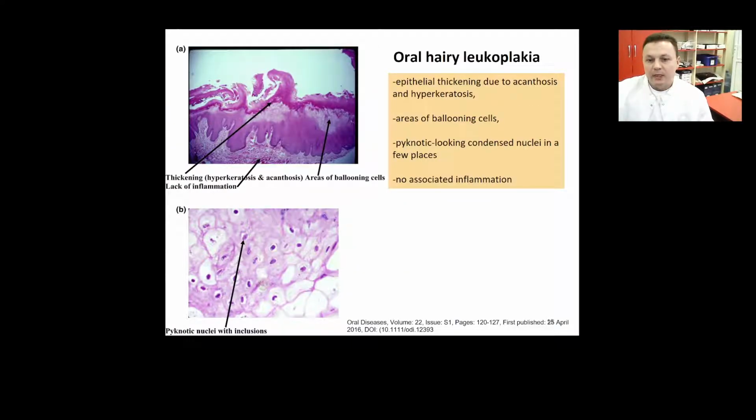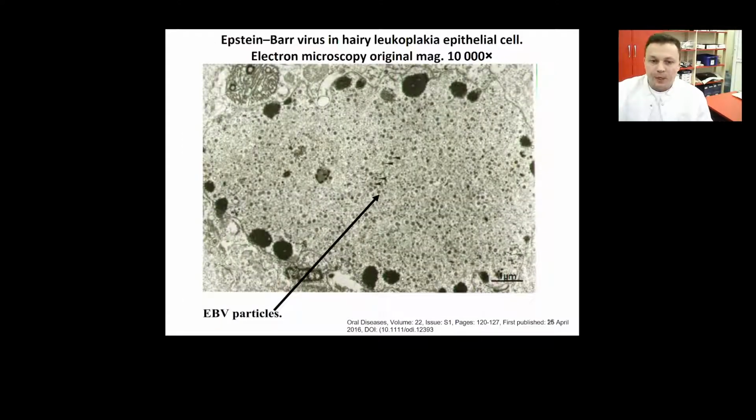Histology reveals epithelial thickening due to acanthosis and hyperkeratosis, areas of ballooning cells, and pyknotic looking keratinocyte nuclei in a few places, with no association with inflammation.